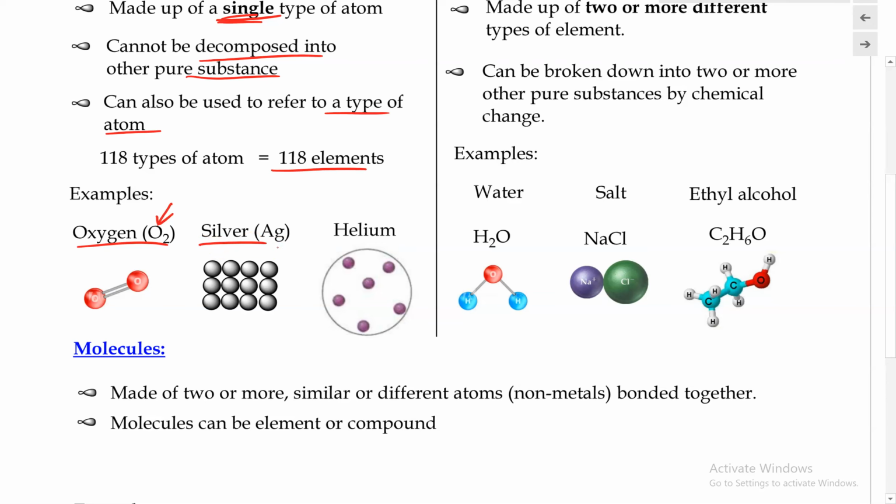And silver is another example of an element as well, because in a sample of silver, we would see only silver atoms stacked on top of each other. And because it consists of only one single type of atom, it is an element. And helium gas is another example of an element because it consists of only helium atoms.